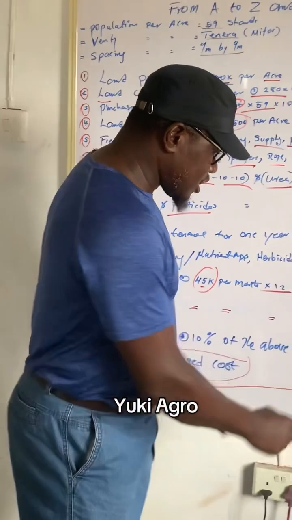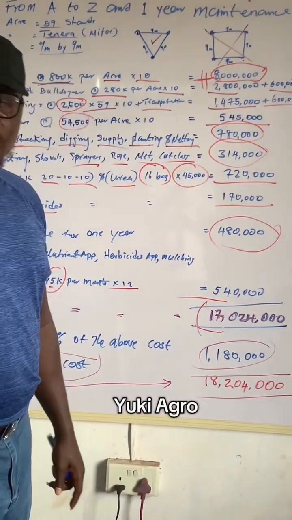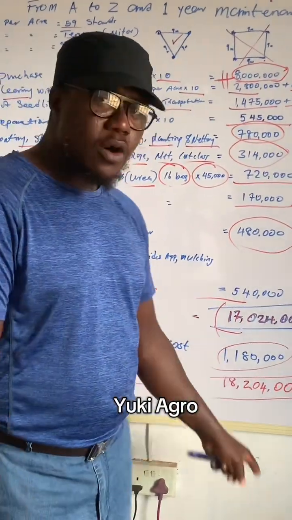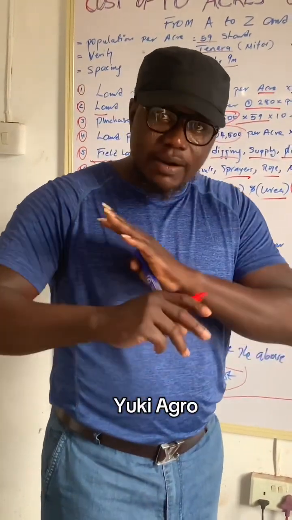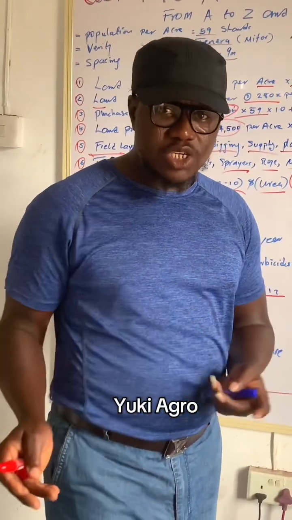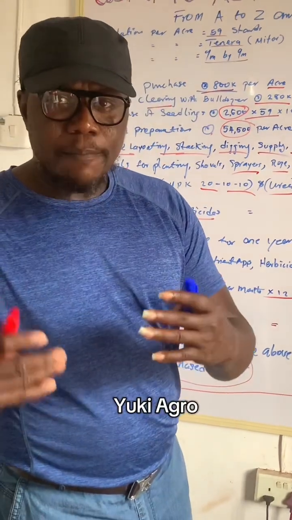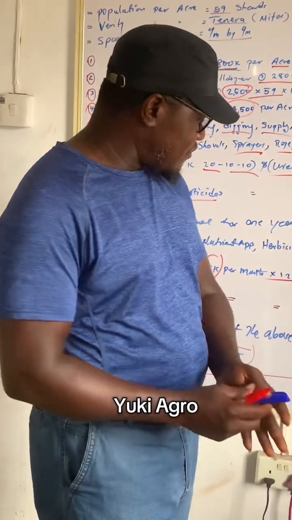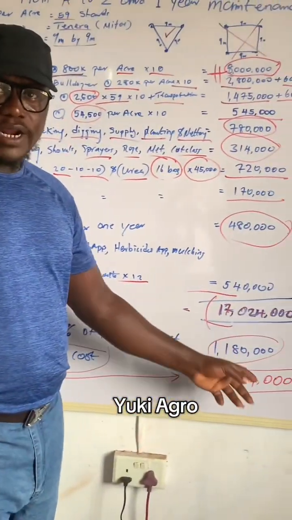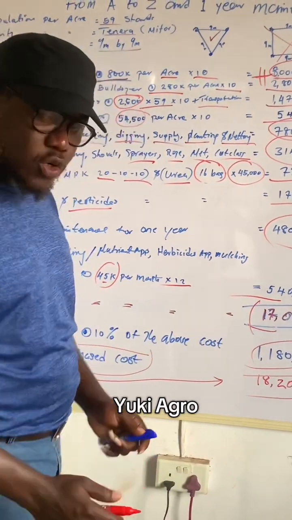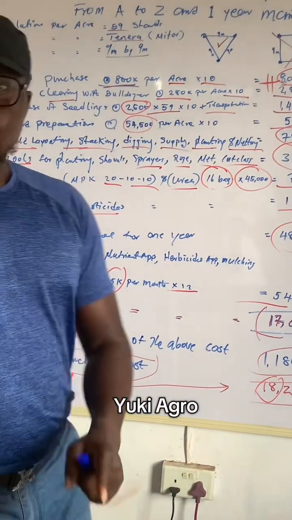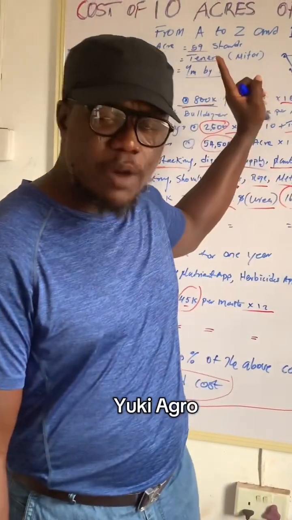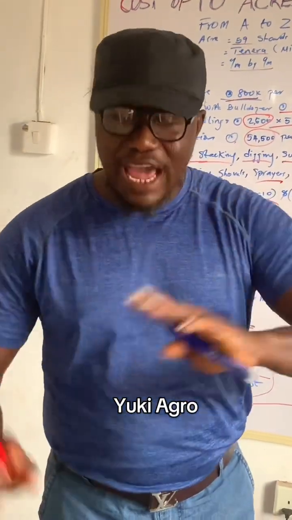All right, then we charge you 1,180,000 naira for a whole year, including our accommodation, our feeding and transportation and other costs we need to carry out in that regard. Everything comes to 1,180,000 naira. In total, you will spend a total of 18.2 million naira to establish 10 acres of palm oil plantation for life.